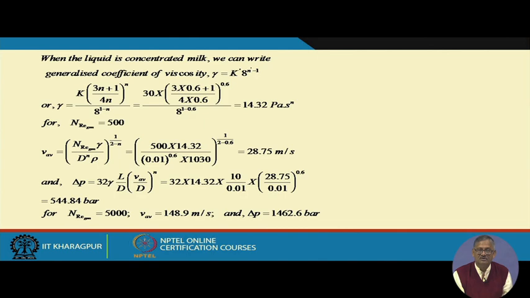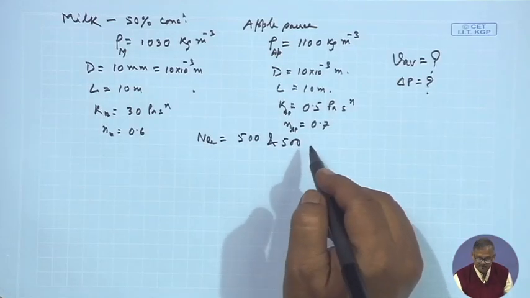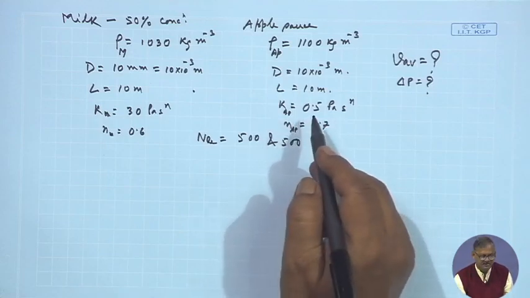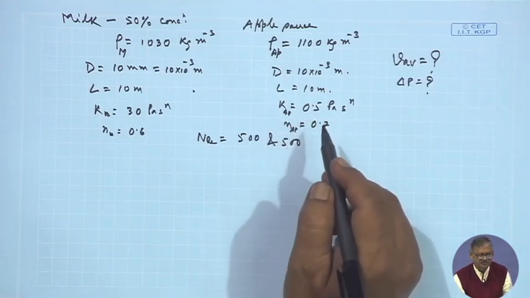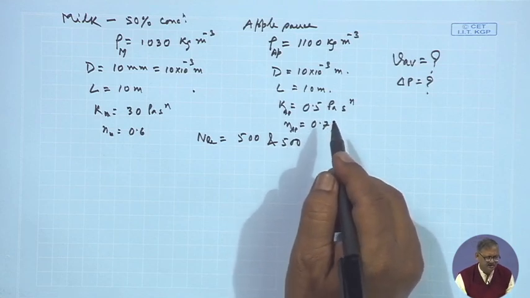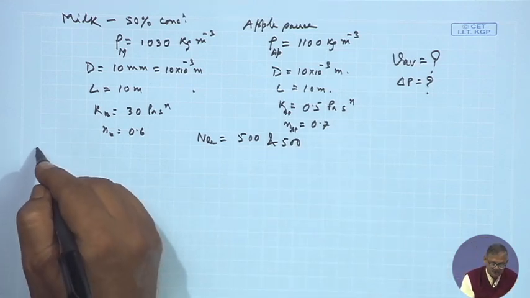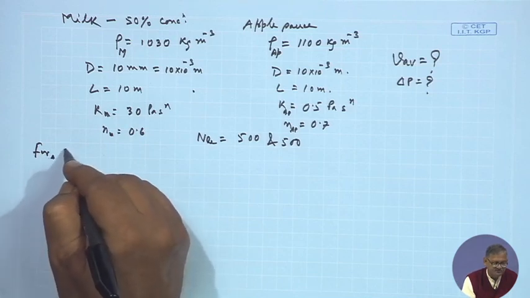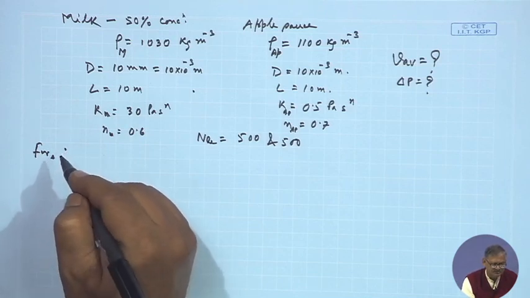Now, we have already jotted down what has been given and what we have to find out. First, let us try for concentrated milk.